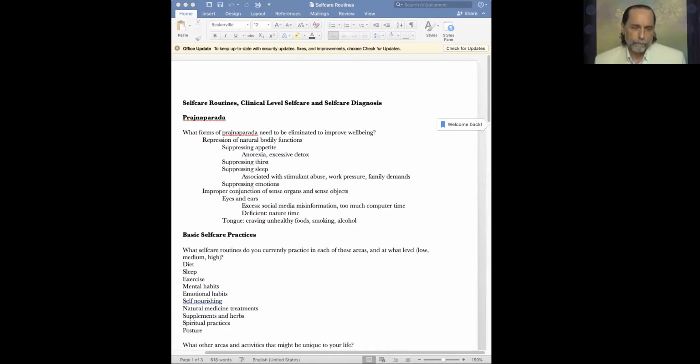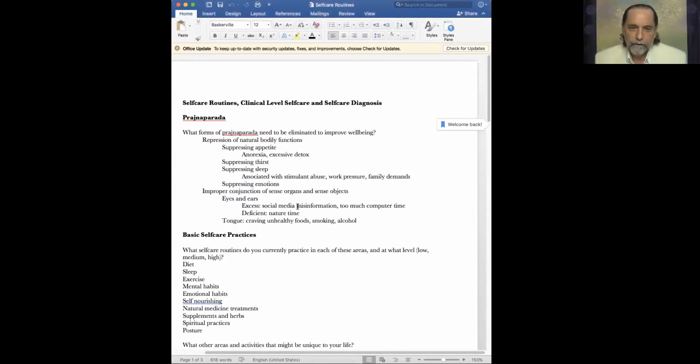So the translation that I like better is just doing the things we know we shouldn't do, all right? So that's what Prajnaparada means. Prajna means wisdom and intelligence, discriminating wisdom, discriminating intelligence, and Parada means the absence of wisdom. So Prajnaparada means that we're not using our discrimination well. We're not using our critical thinking and our judgment well.